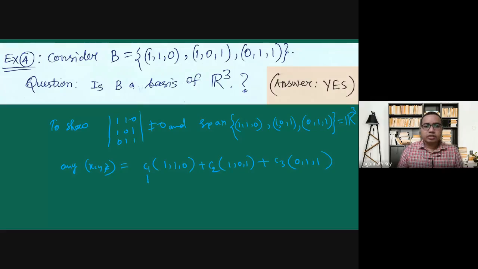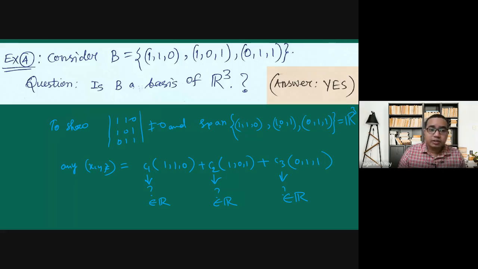You just have to find these Ci, C1, C2 and C3. If they are real numbers, then you can. Just find the real numbers so that you can write it.